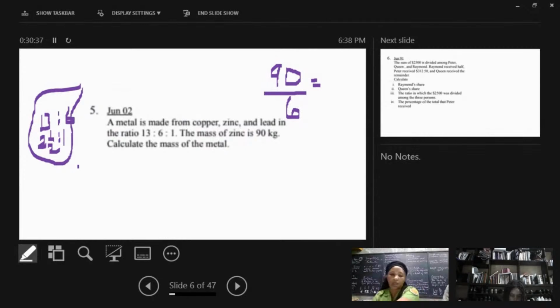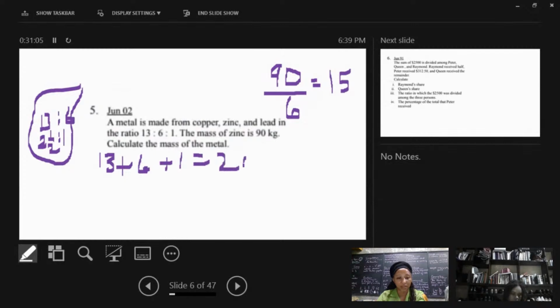All right, so 90 divided by 6 is 15. So the unit value of the ratio is 15. So the total would be, add the ratios and multiply by 15. 13 plus 6 plus 1 is what? 20.